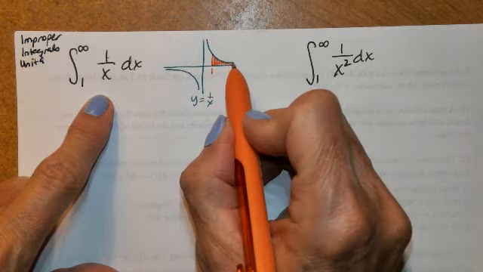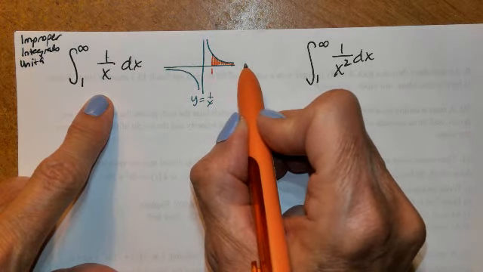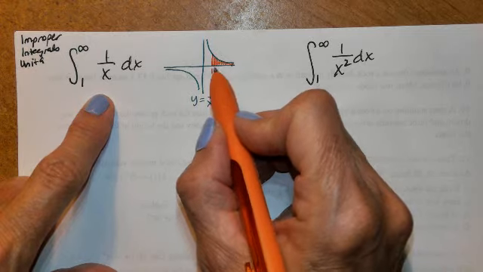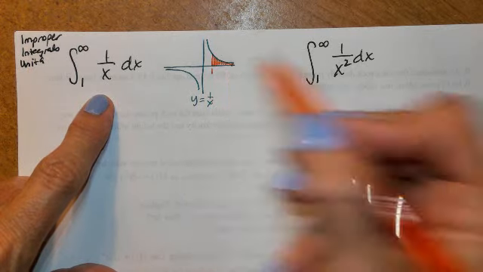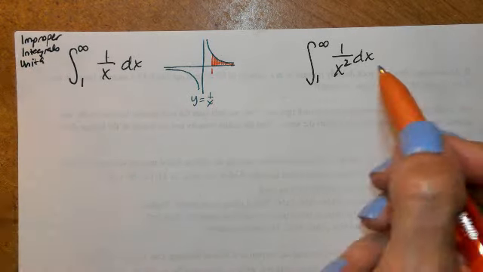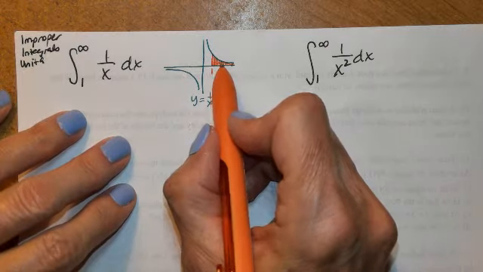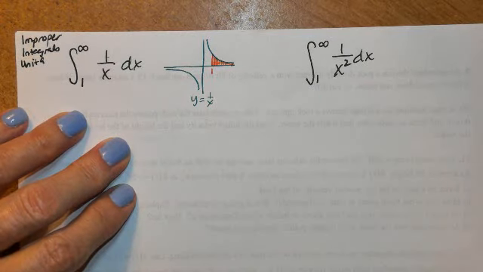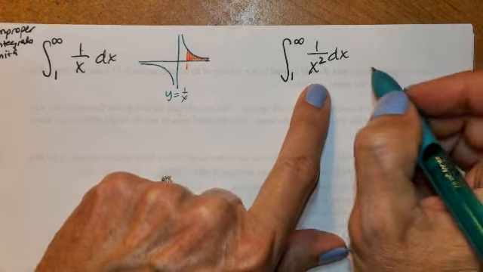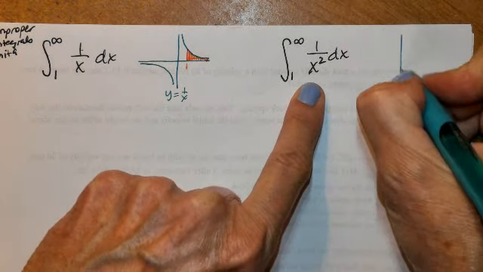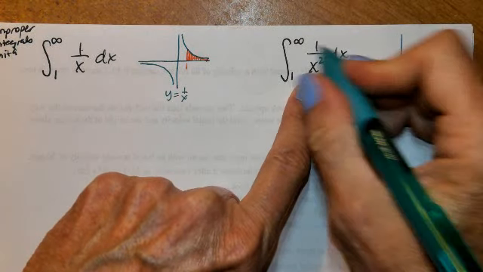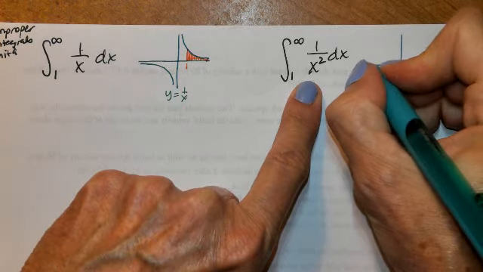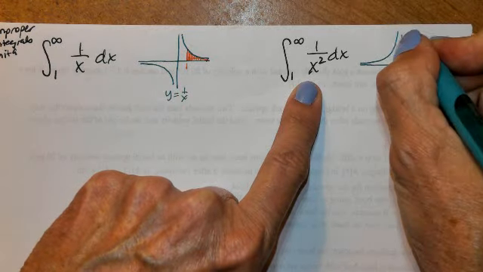It looks infinite because this graph never touches the x-axis, right? How can the area be anything other than infinity? But we found out that we can get areas that are not infinity, that look like they are infinite. This graph over here looks a little similar. The graph of y equals 1 over x squared looks kind of like this.